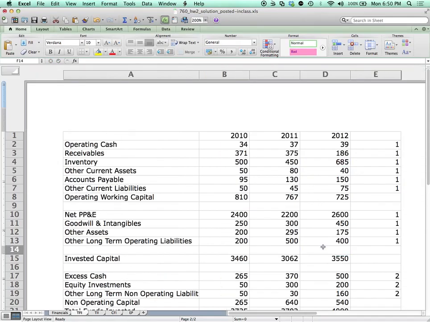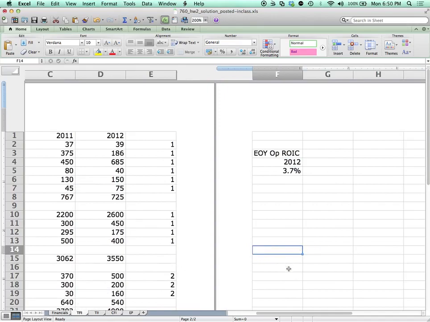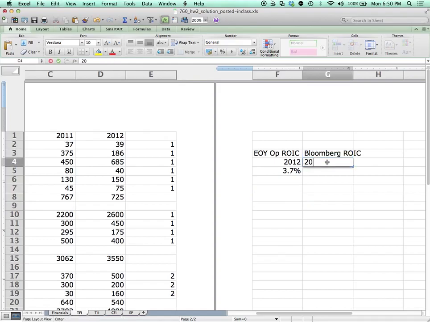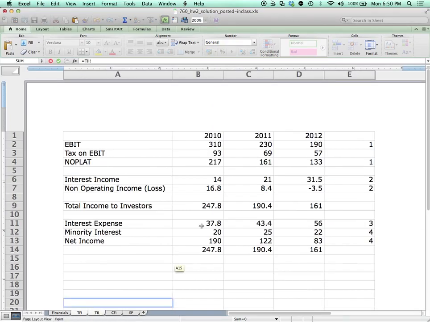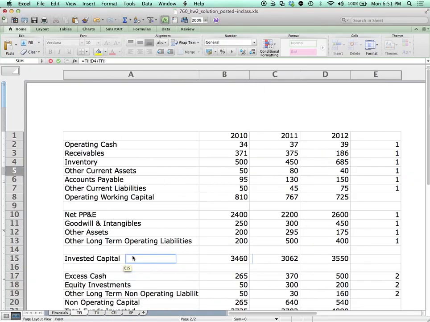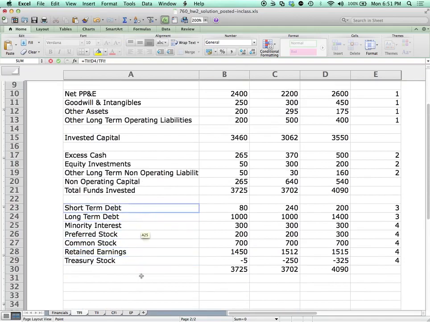So let me talk to you about Bloomberg ROIC. Bloomberg ROIC for 2012 is going to take the NOPLAT. They'll calculate NOPLAT very similarly, but the difference is they'll divide it by the debt and the equity, which means they're doing a return on TFI.